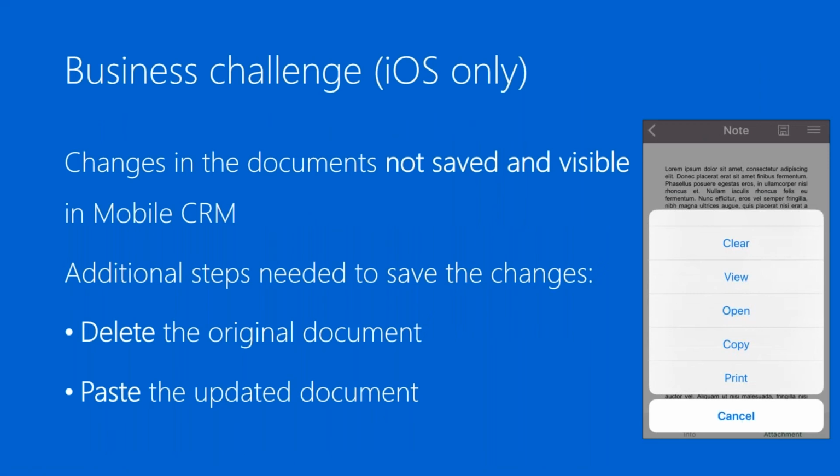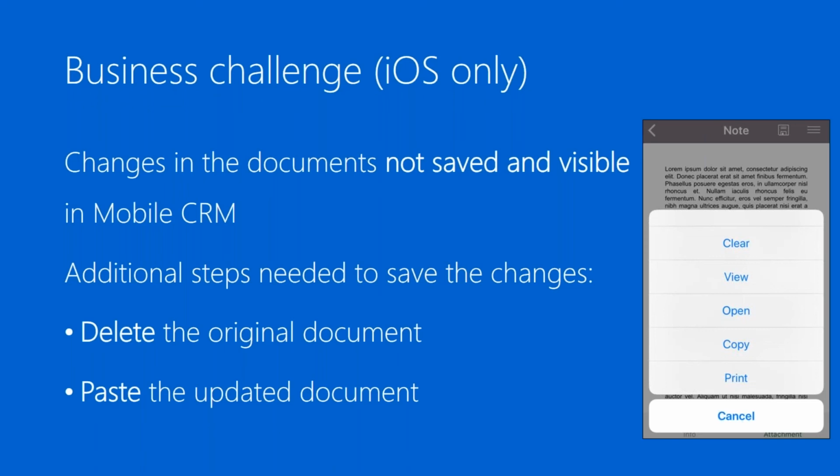This feature was introduced back in 2016, and basically it allowed the mobile users to open the attached documents in a third-party app, edit this document, and then easily save this updated document back in the Resco mobile CRM application.